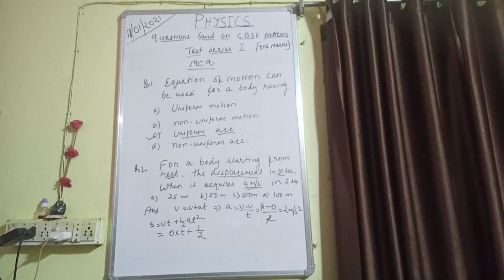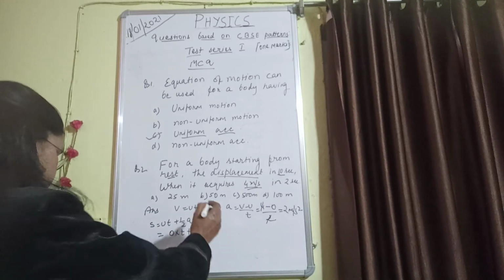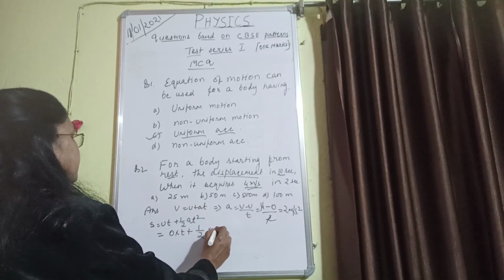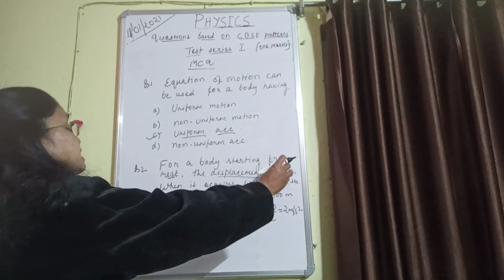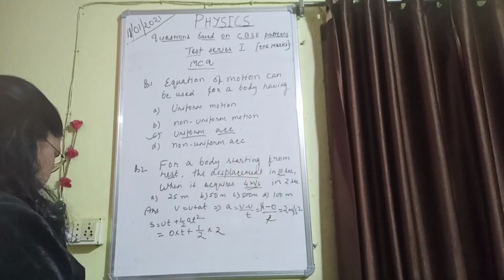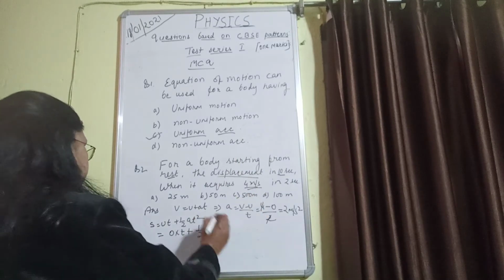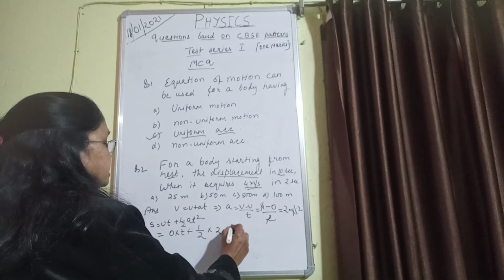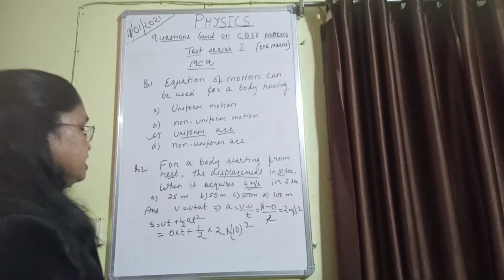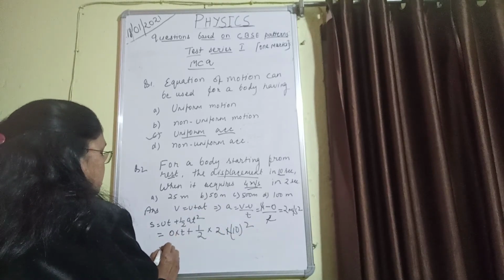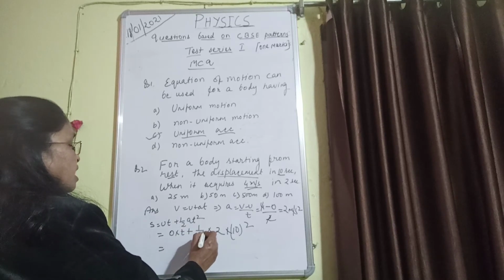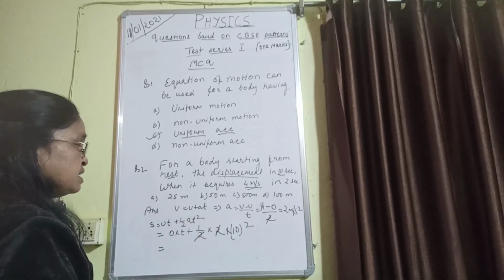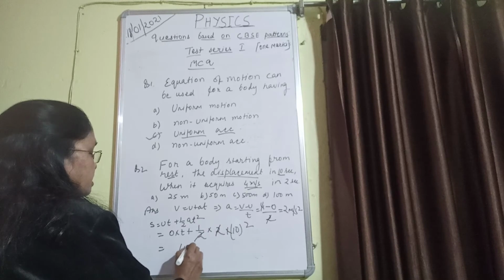Acceleration we have got 2, so directly we can write 2, and we have to find it for 10 seconds. So the time we take is 10 seconds, t square is 10 square. So 0 into t is 0, plus half, here 2 and 2 cancel, so 10 into 10, 100 meter.